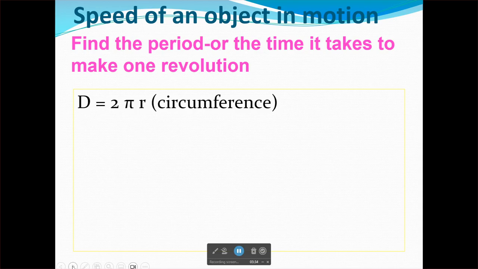While the speed may stay the same, the velocity vector is always changing angle because of this circumference. So we know velocity is distance over time. Okay, so in this case, the circumference is our distance and the T is our period. If you notice, it's capitalized because for an object in circular motion, it goes around the circle in a certain period of time, and we call that the period.